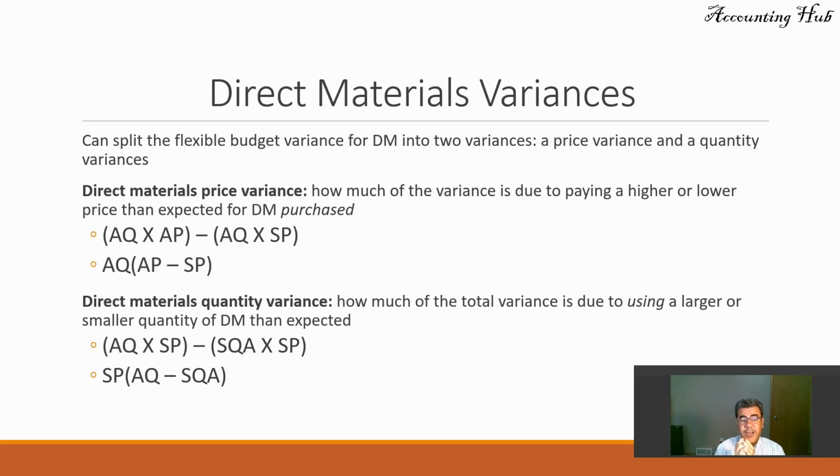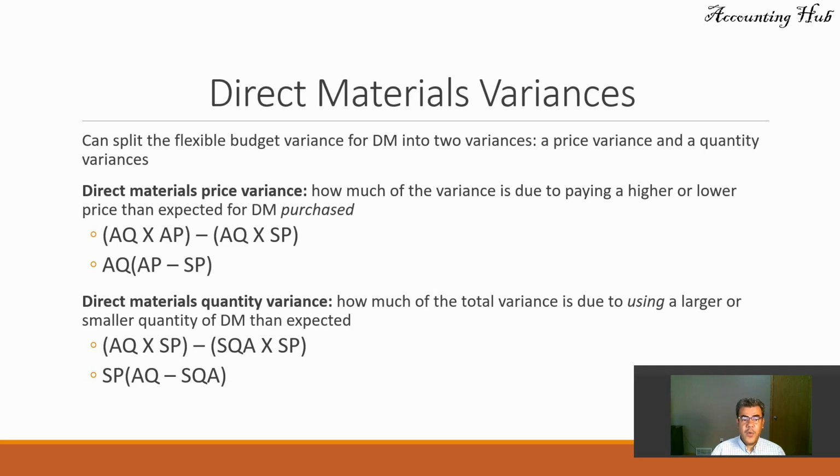The difference of our prices, actual less standard, times the actual quantity. And direct materials quantity variance is the opposite: actual quantity less standard quantity times standard price.